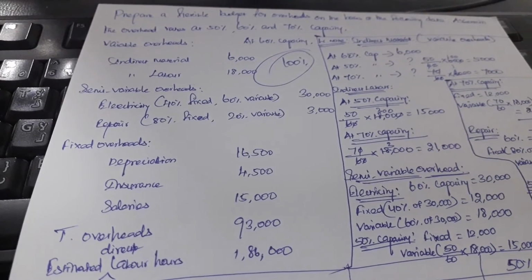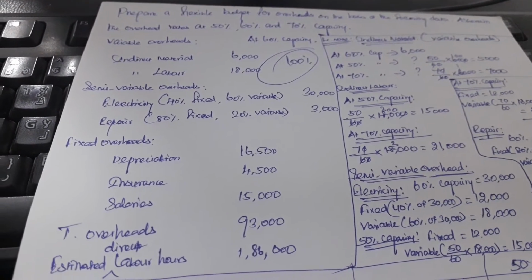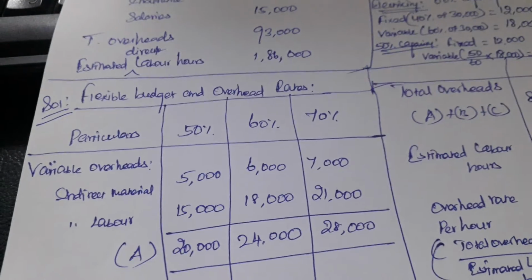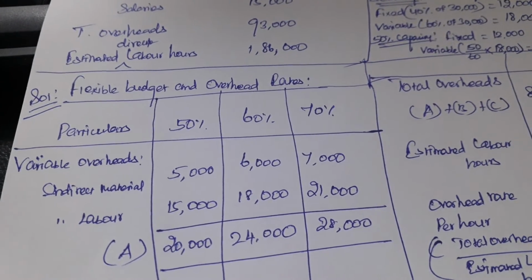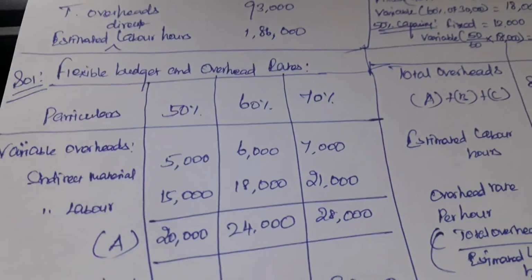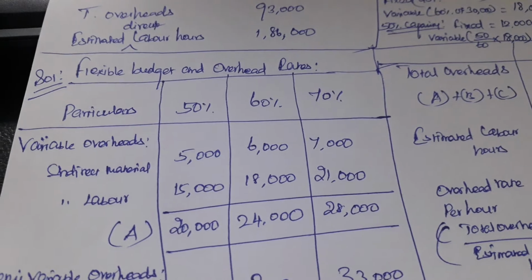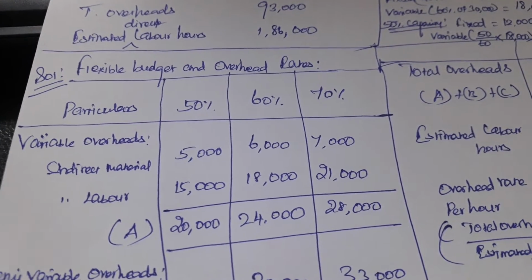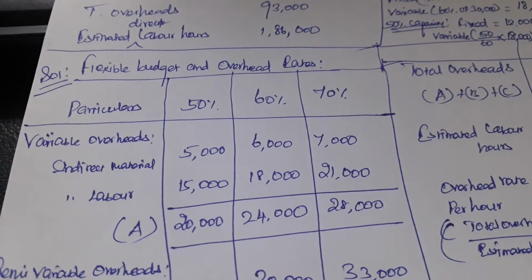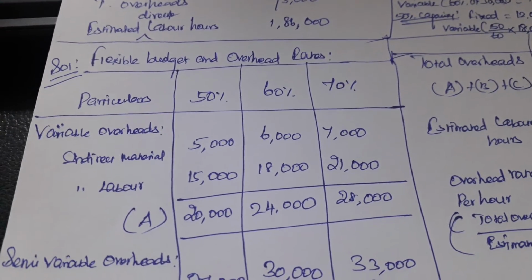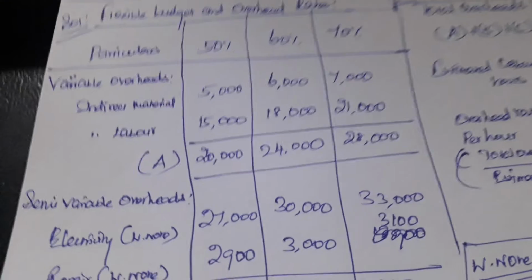We need to prepare for the 50% and 70% capacity. So the particulars are 50% capacity, 60% capacity, and 70% capacity. We are going to copy the same 60% capacity values to the solution.